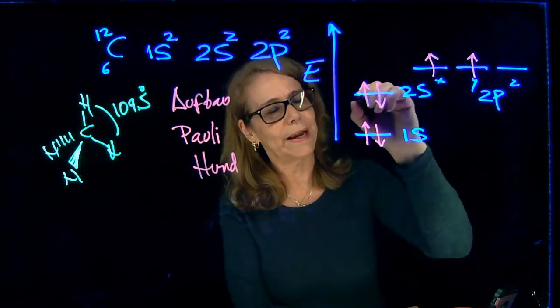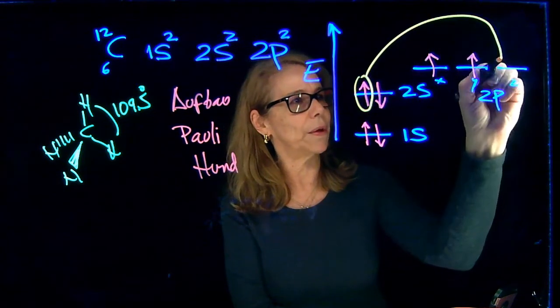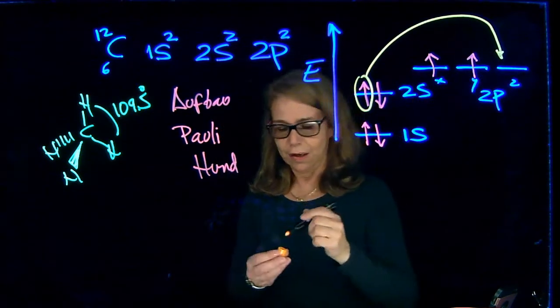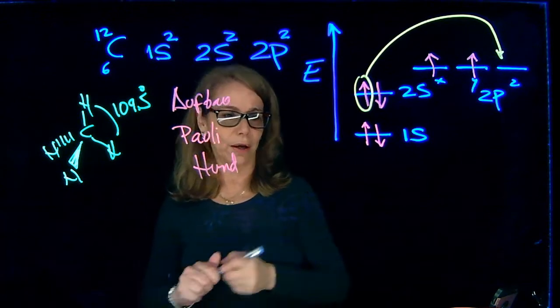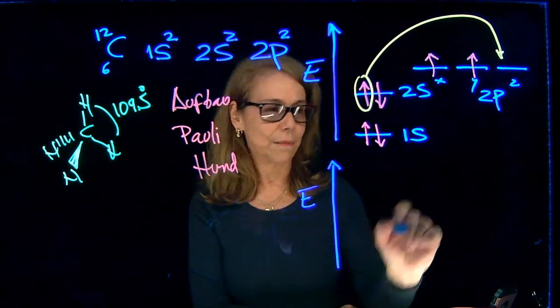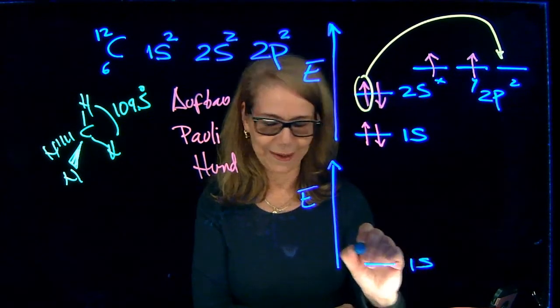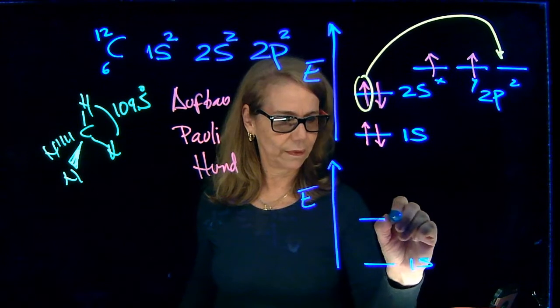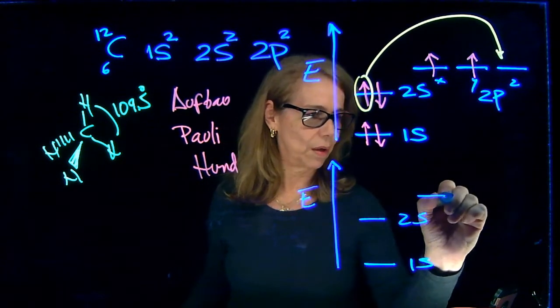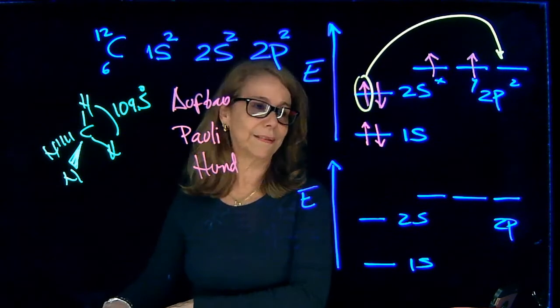What we're doing next is promoting 1 electron from the 2s. They're very close in energy. So I'm going to draw another configuration. This time, because I moved that 1 electron up, I have the 1s, the 2s, and again the 3 p orbitals.